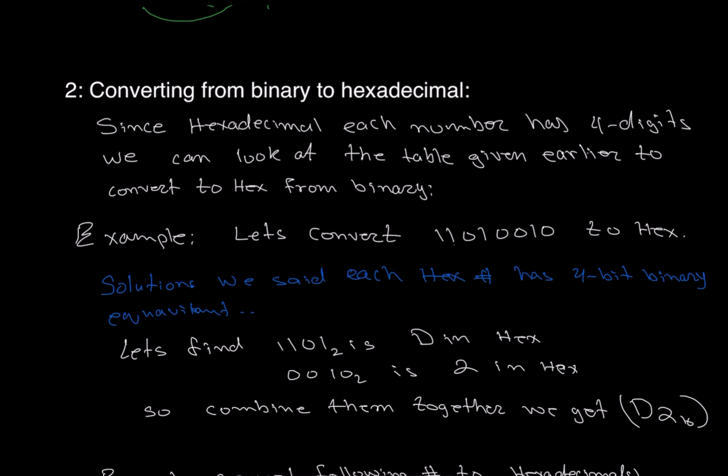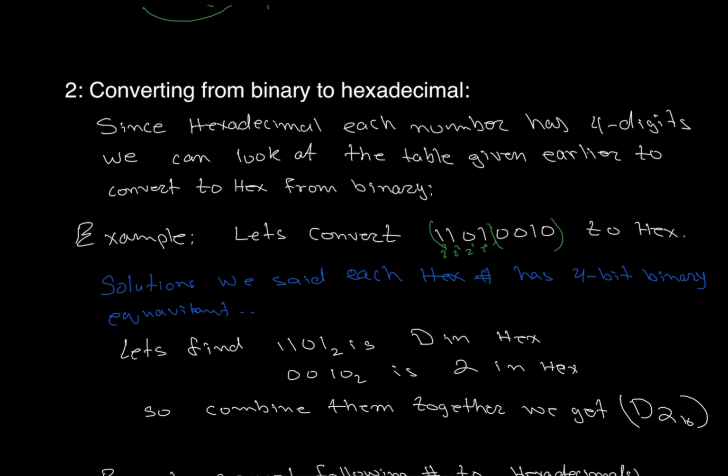So if you separate right here and this one right there, 1101, you start from here, so 2 to the 0, 2 to the 1, 2 to the 2, 2 to the 3. Wherever you have 1, you can count that and add it together. So 8 times 1 is 8, 2 to the power 2 is 4, 4 times 1 is 4, 8 and 4 is 12.